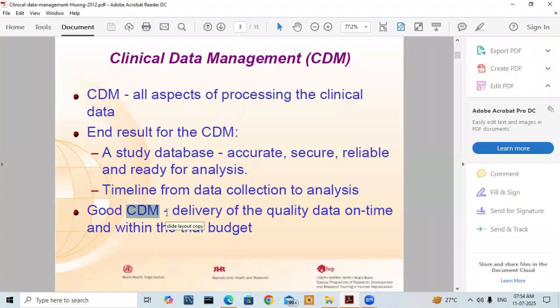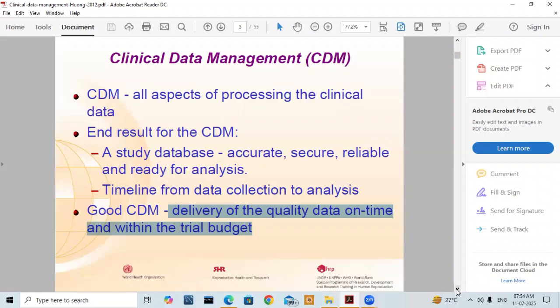Similarly, here we have good CDM, good clinical data management practices. What is the aim of good CDM? We want to deliver quality data on time within the trial budget. Understood? Like the GCP, the purpose here is to get quality data on time within the trial budget of the company.